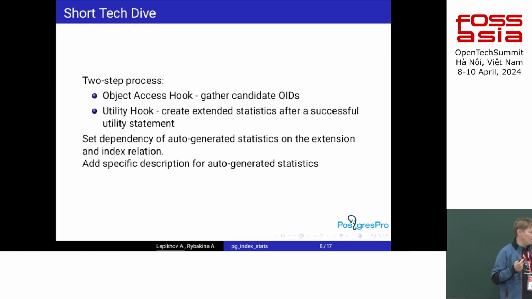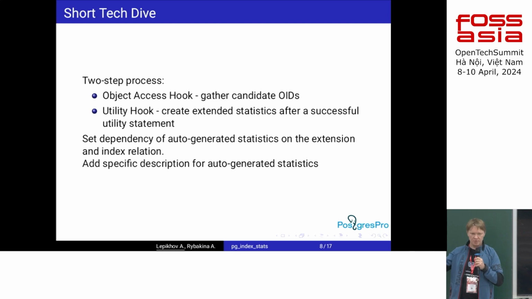First step, we use the object access hook and gather candidate object IDs which can be used to generate statistics, because at this stage we can't differentiate tables, indexes, create views, and so on.